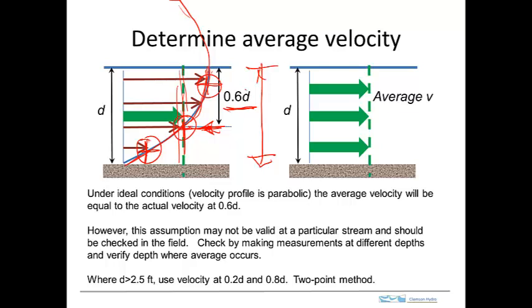And so what we say is that the average flow rate, this green line, if we multiply it by the depth, then we get the same total volumetric flow rate as if we have this parabolic flow. Okay, so that's going to be one method for determining the average velocity, and this is the way we'll do it when we have a current meter to make this measurement.